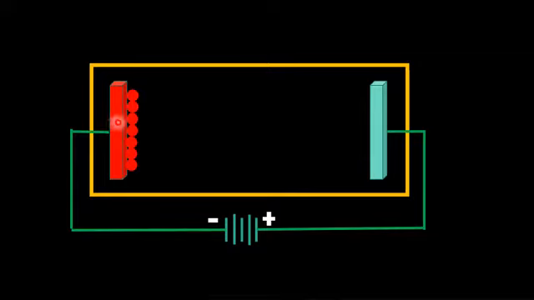Apart from this, the metal filament used as a cathode may be coated with different types of coatings.